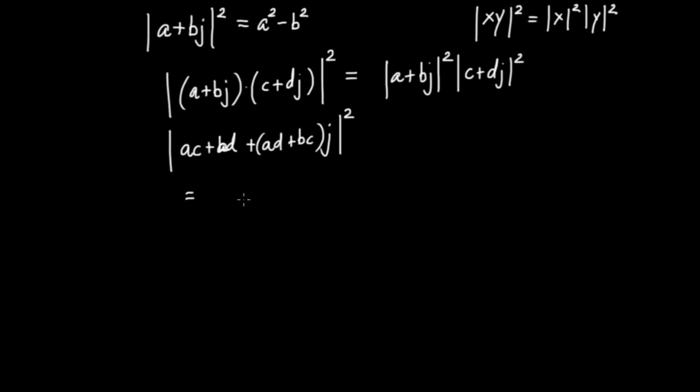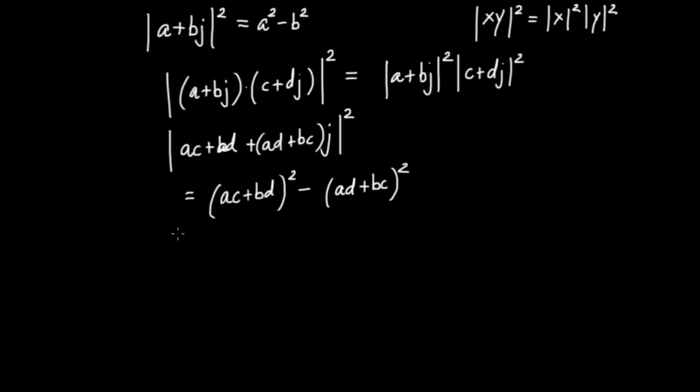I'm going to work with the left-hand side for now. And now I'm going to use this definition of magnitude. So this first part, AC plus BD, is going to be squared. That's going to be subtracted from AD plus BC squared. Just using that definition of magnitude.